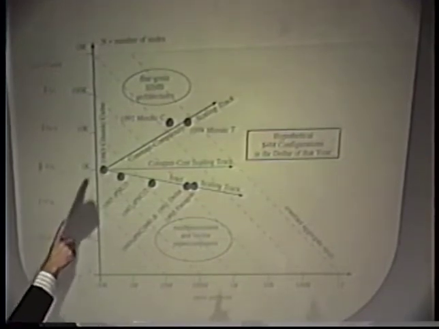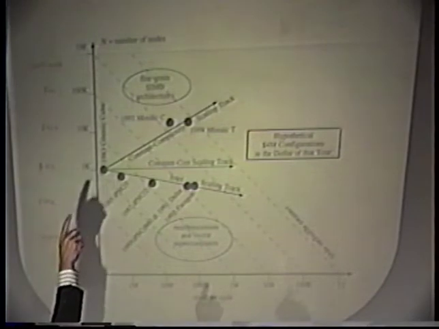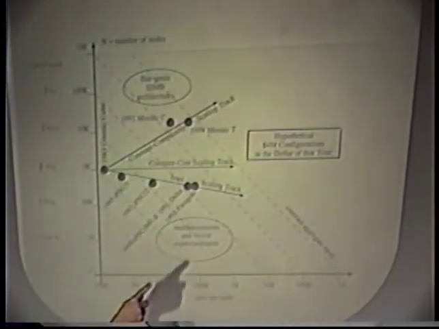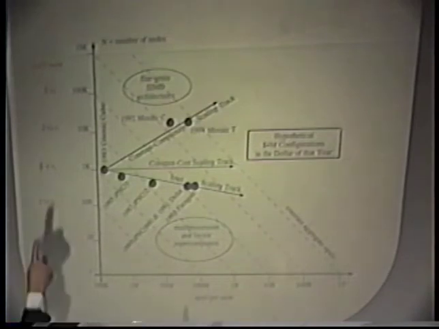I'm sorry, there is a mislabeling problem on this graph, and I'm sorry about that. It's correct. This is as if it were a 1,000 node machine.